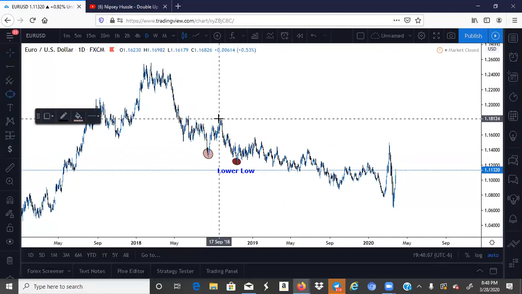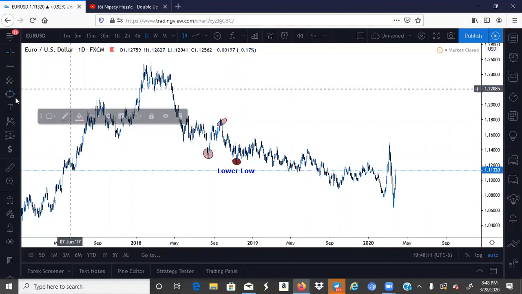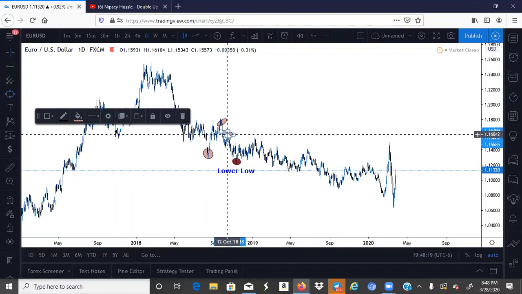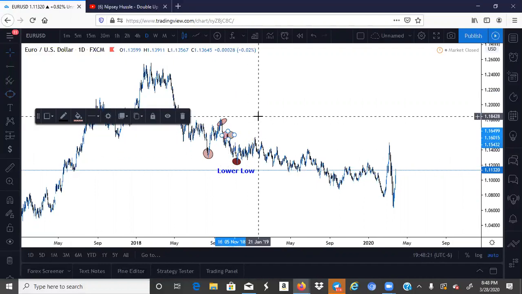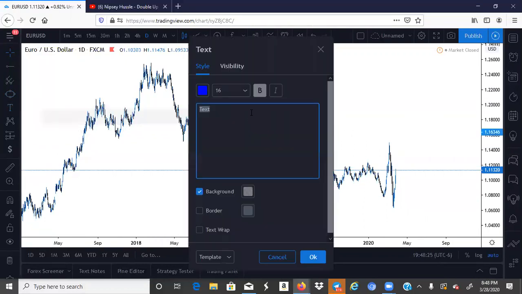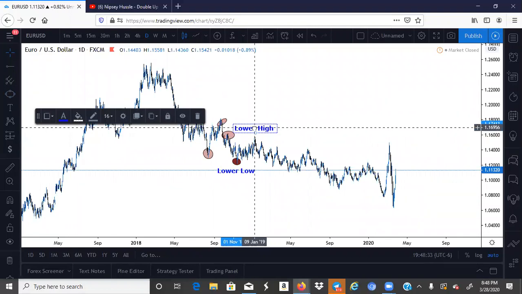And this high is a lower high. This is a lower high right here, because of course this high is lower than the most previous high.